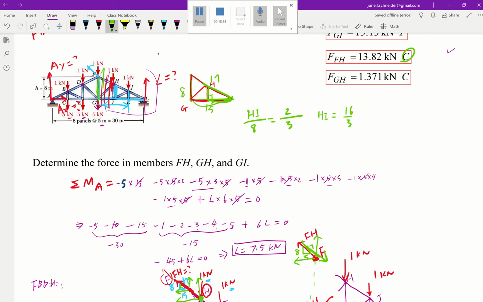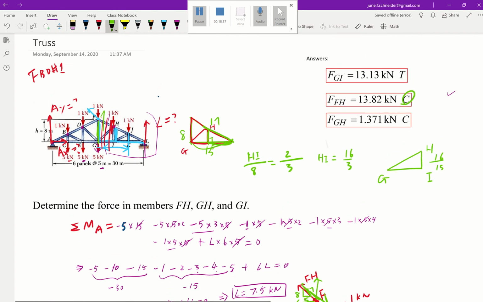Okay, so knowing that, we can go looking at this GHI triangle. HI is 16 over 3, right? Then our GI is 5.